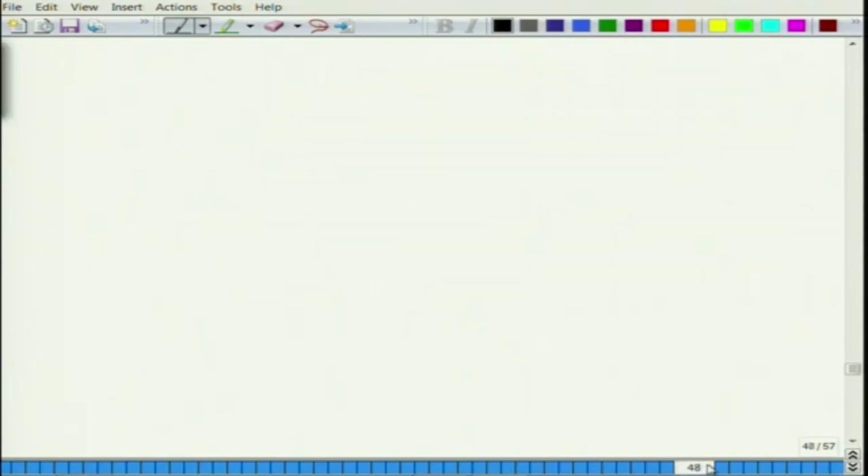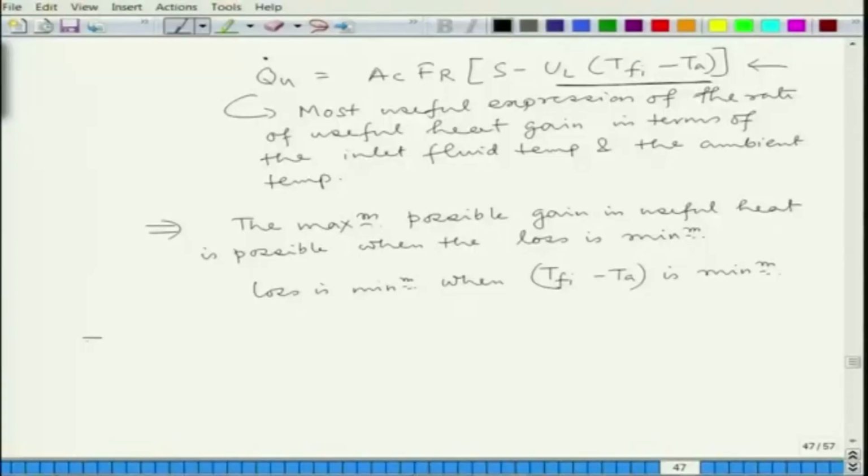So, now let us summarize. We have seen all the concepts. Now, we will summarize how to use them. So, here what is happening physically, when your mass flow rate increases, the temperature difference between the outlet and inlet drops, right, and F R increases, okay.